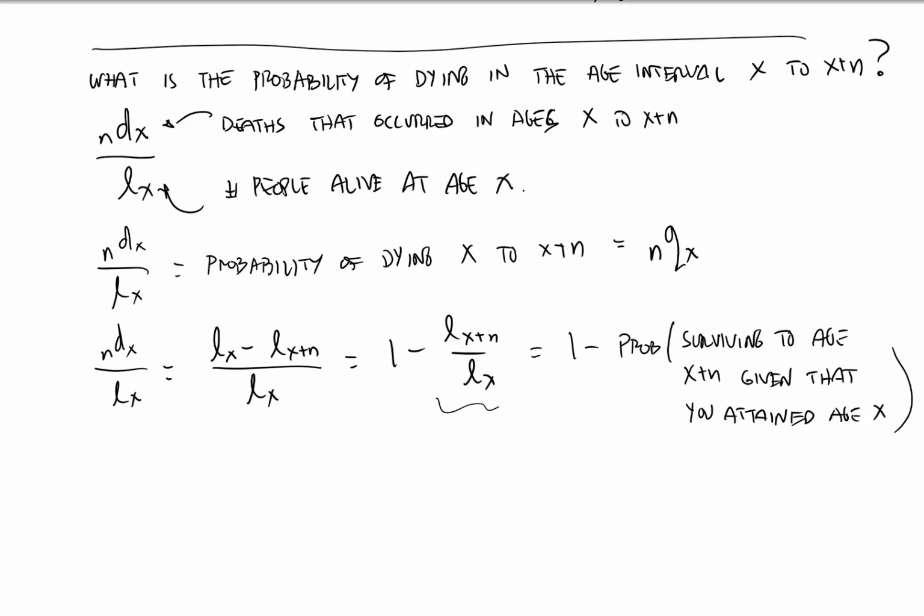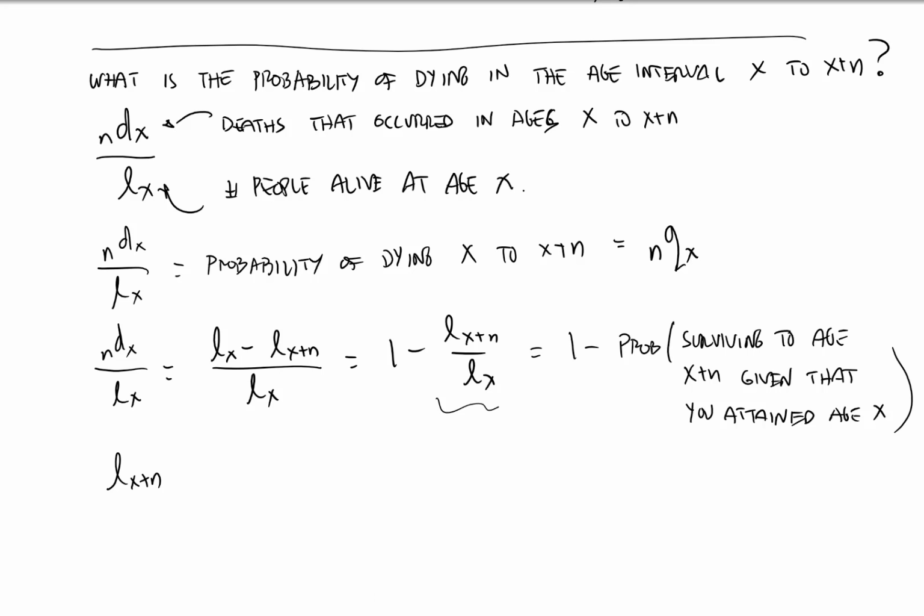So once again, this is a conditional probability. It's the probability that you will make it to age x plus n, given that you had made it to age x.